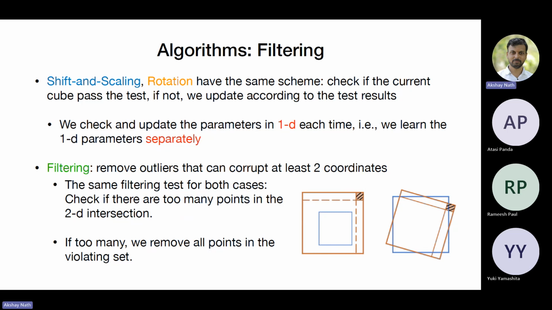We check every intersection of two coordinates. If the points there have high density, much higher than the correct density of a hypercube, then we remove all points there. We do this for both the shift and scaling case and the rotation case.